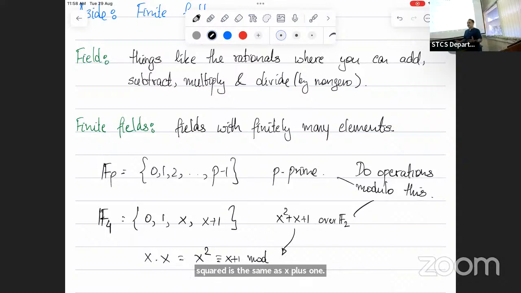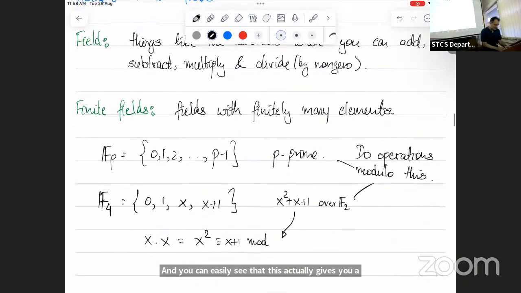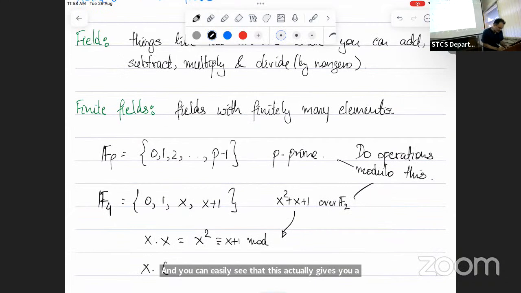So when you multiply x and x, you get x plus 1. Similarly, you can try out all the other products and write your multiplication table, and you can easily see that this actually gives you a field. In fact, you can convince yourself that the inverse of x is x plus 1. Their product will turn out to be equal to 1 modulo x squared plus x plus 1.